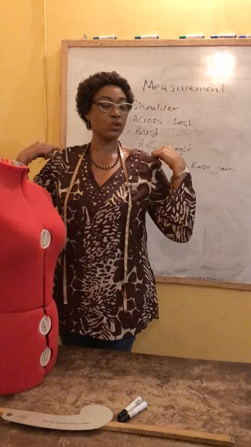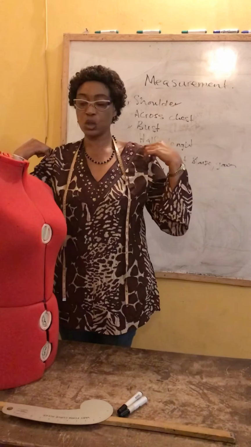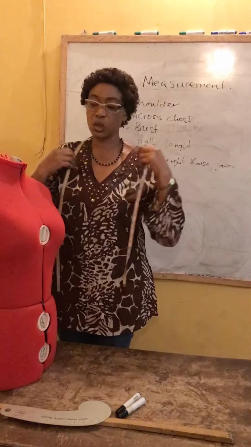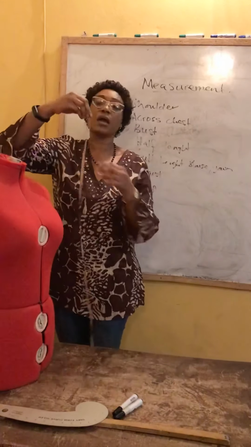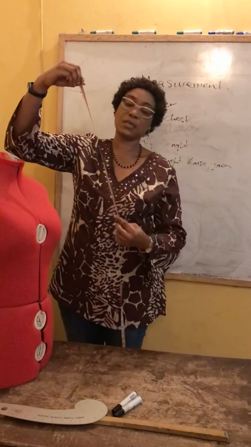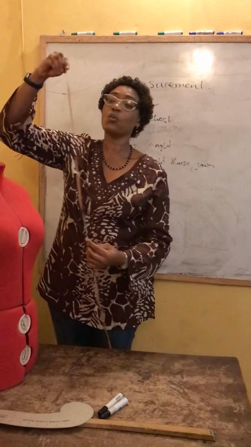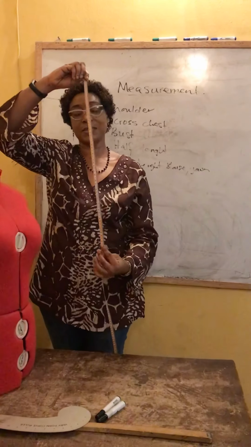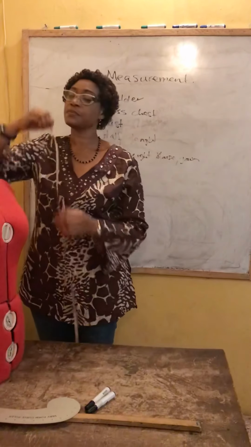So your tape rule will be placed on one end of the shoulder bone to the other end of the shoulder bone to get the accurate measurement. So here is my tape rule. And on the tape rule here, the bold numbers are in inches, while the smaller numbers are in centimeters. But I'm going to focus on inches.